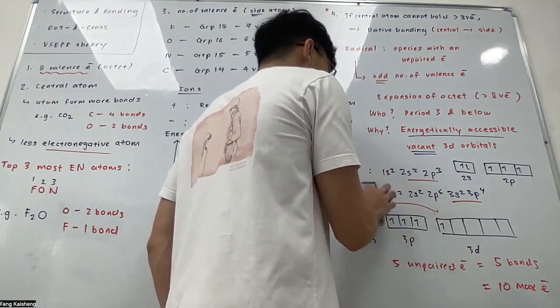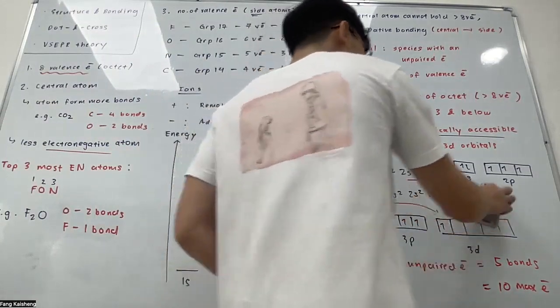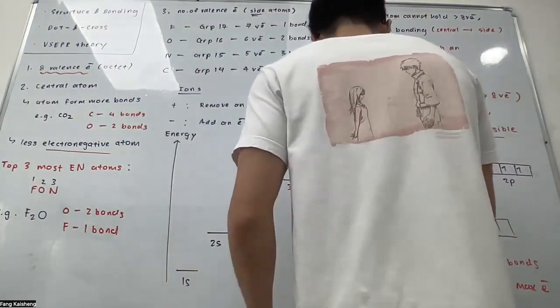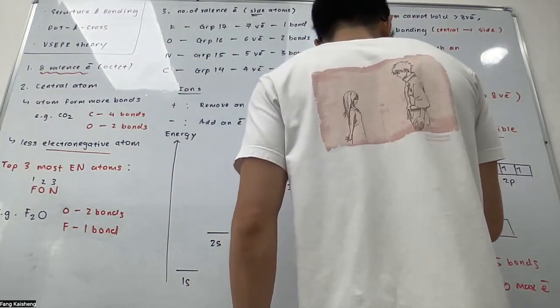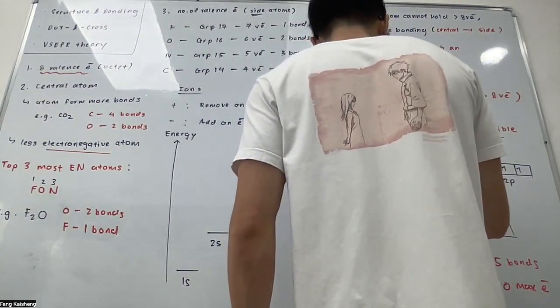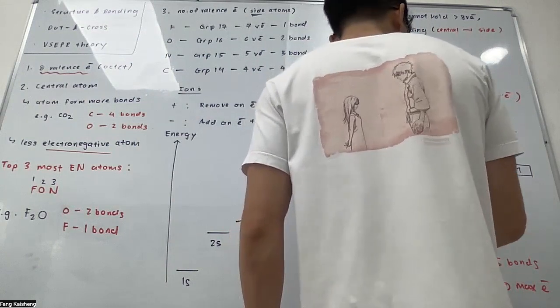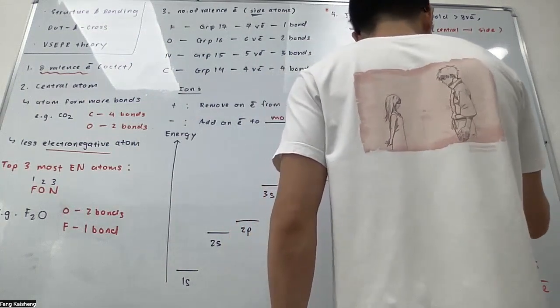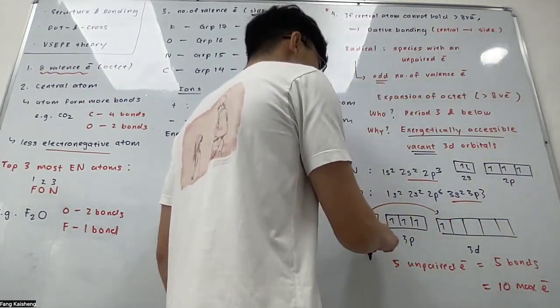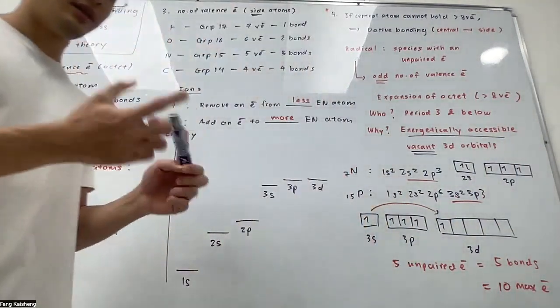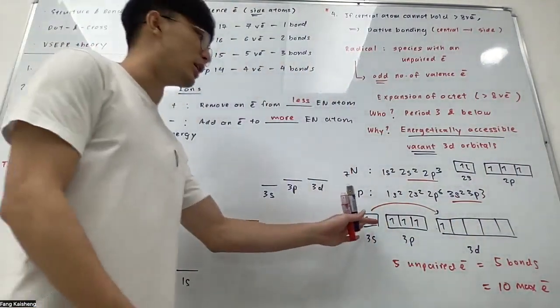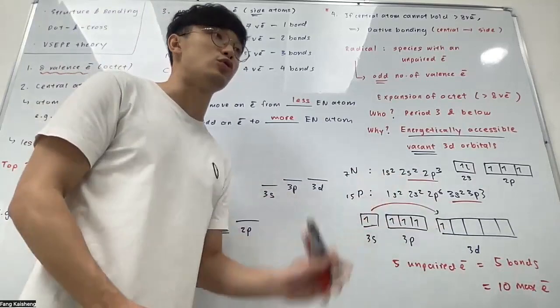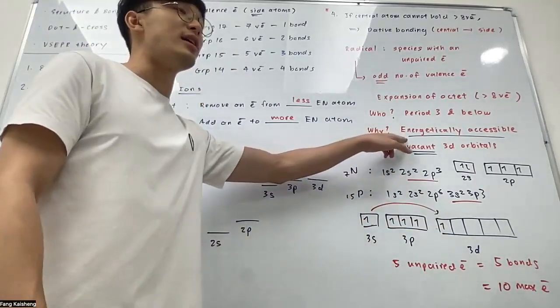So in other words, let me just stick to phosphorus for this case. The reason why electrons can jump, can someone tell me once again? Why can an electron simply jump to the 3d orbitals? Why is the electron over here able to jump to 3d? It's because they are energetically accessible, right?